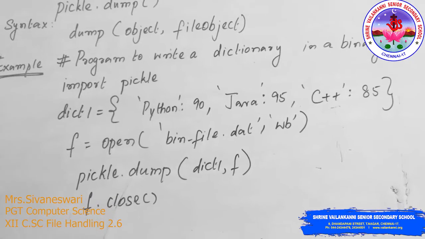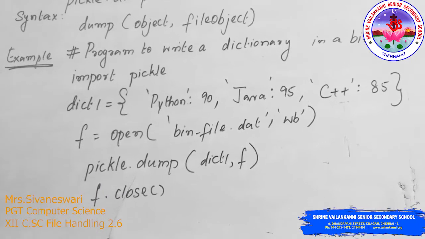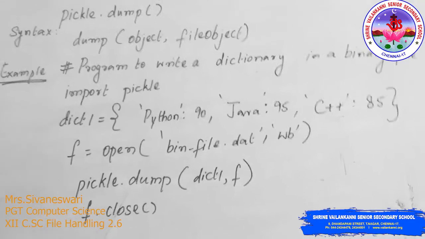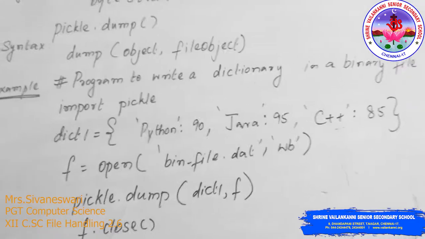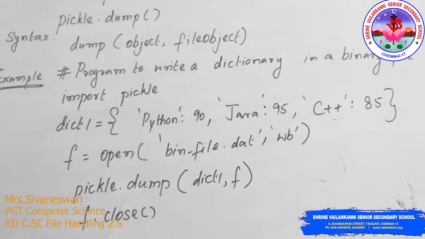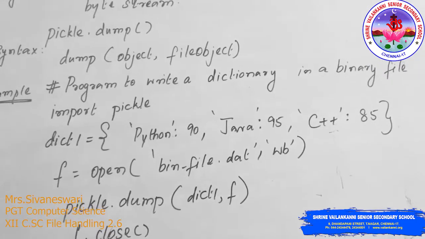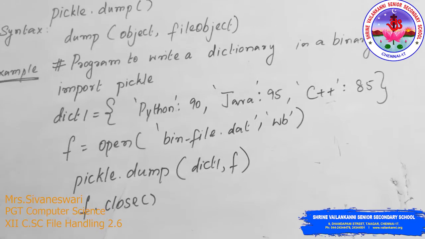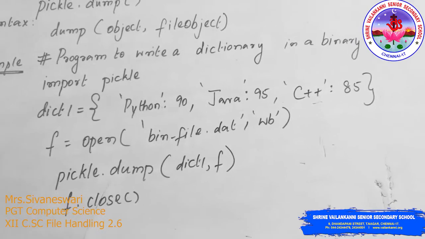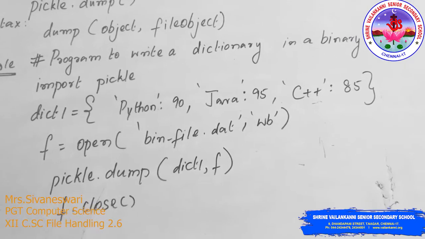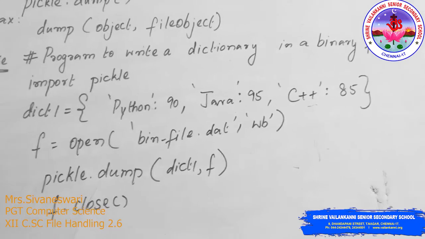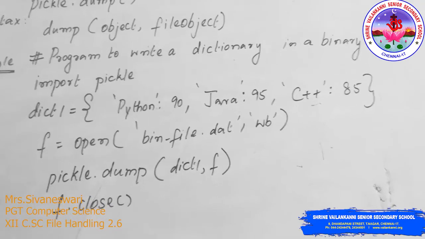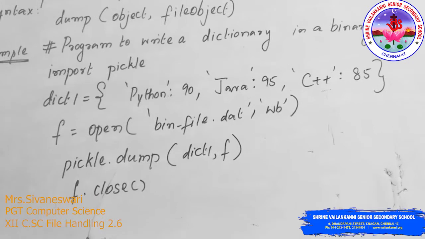Let's see one more example where we are going to write a dictionary into a binary file. Import pickle. dict1 is equal to Python, which is a string, colon 90, that is a key value pair, Java colon 95, C++ colon 85. Three key value pairs are provided inside the dictionary.